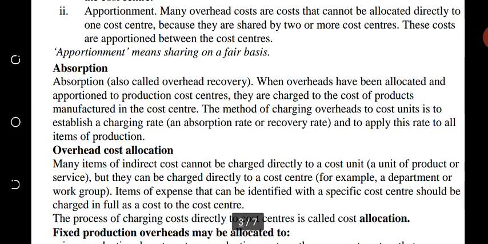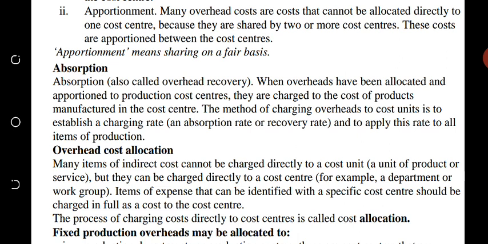So, absorption, also called overhead recovery. When overheads have been allocated and apportioned to production cost centers, they are charged to the cost of products manufactured in the cost center.